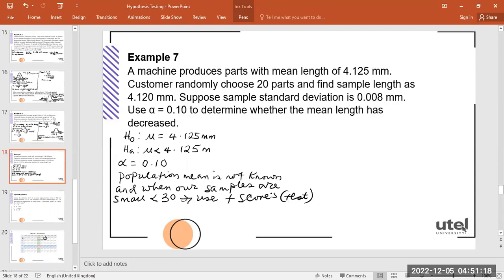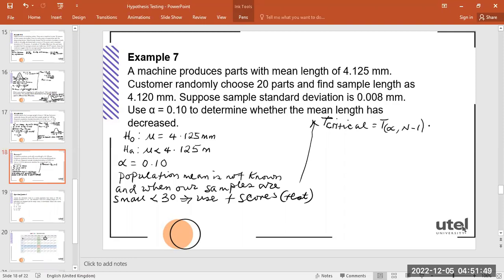So basically, that means that here we are going to determine what we call our t. So let's move here. We are going to start by determining what we call our t critical as opposed to z critical. So we have t critical, which is represented as t at the level of significance and the degree of freedom, which is n minus 1.